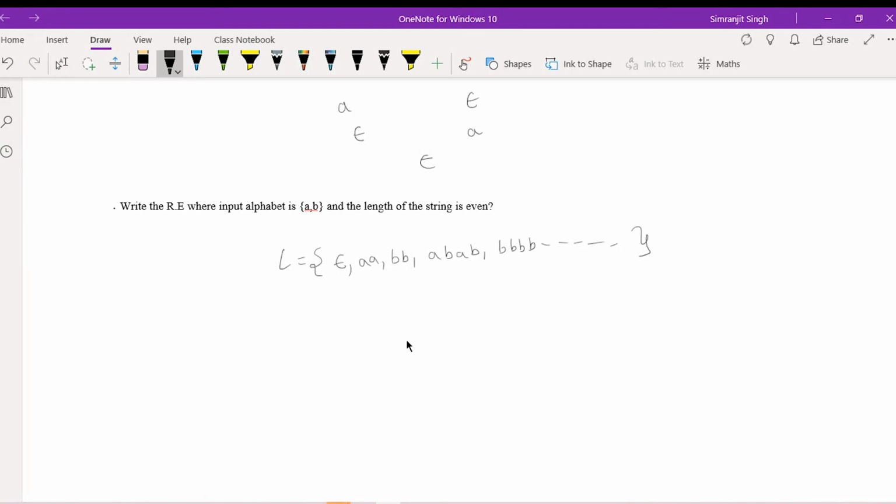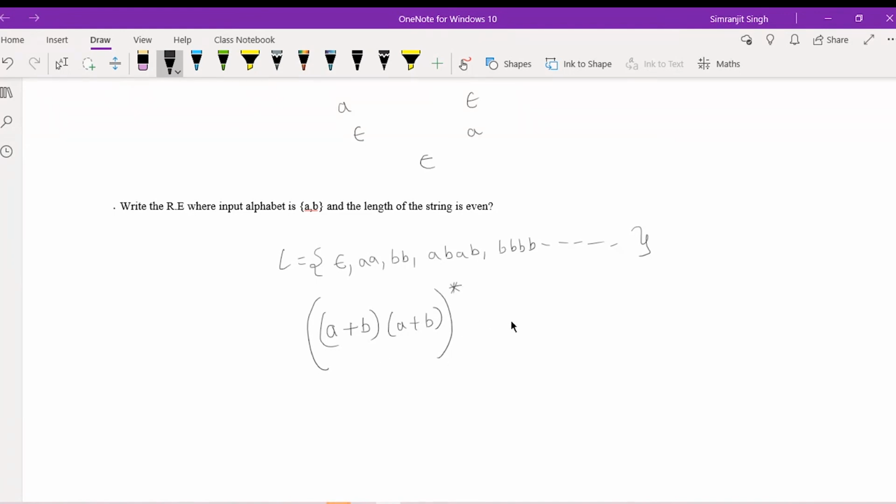I think Priya and Rishika got the right answer. Yeah, absolutely. For a two length string, you know what the answer is: a plus b, a plus b. Now what you can do is put a whole bracket and a star here.